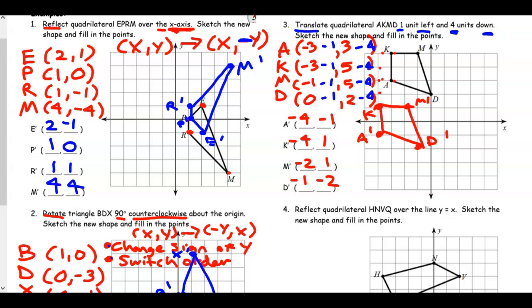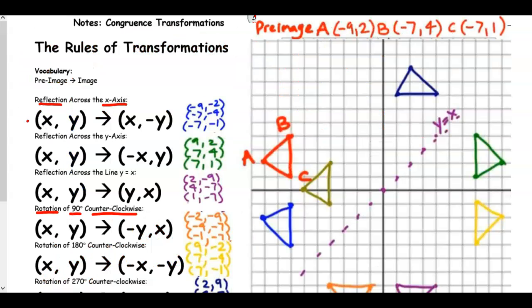Last one, number 4. What's the first word? What does it say? Reflect. Now, reflect what? Over, do y'all remember y equals x? Is that diagonal line? Okay, so again, when you see y equals x, go back to our rule. Y equals x is right here. Boom, right?